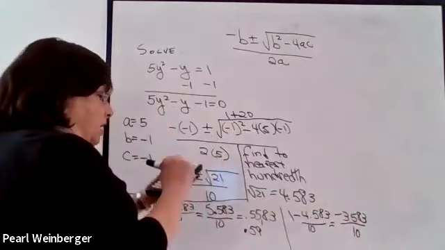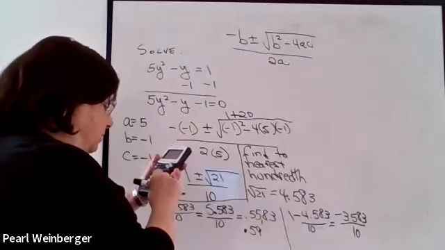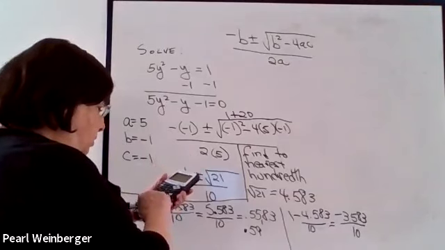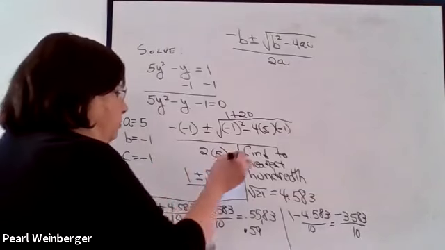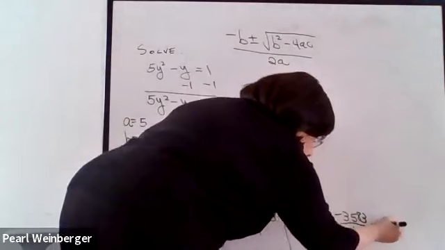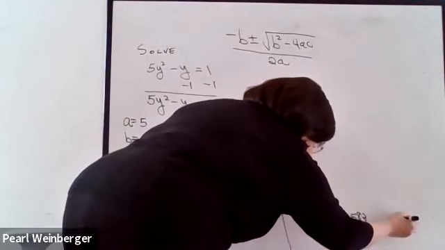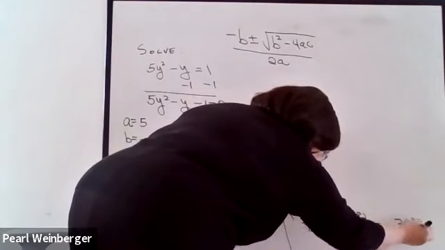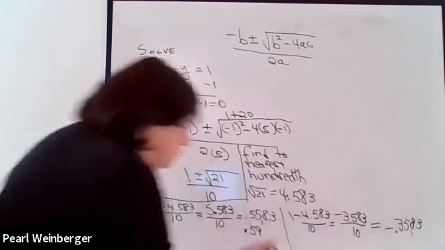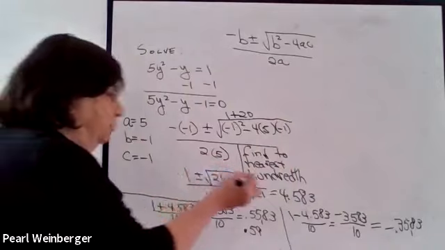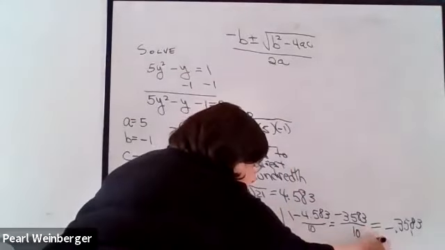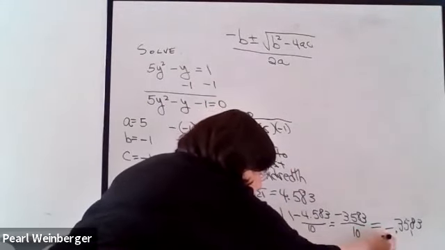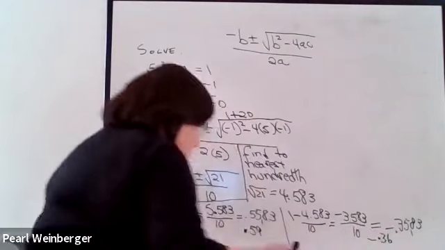Don't divide it by 10 right away. You have to do it in 2 steps. And now divide by 10, which gives you negative 0.3583. And again, we want to stop after 2 decimals. So my final answer is negative 0.36.